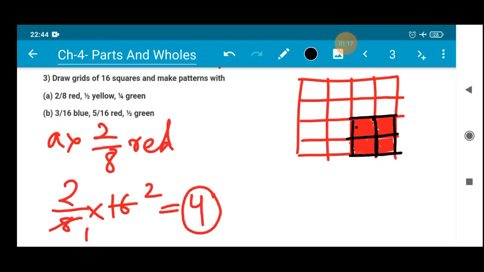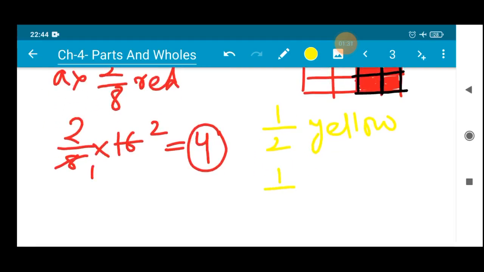Okay, so out of this part, 4 boxes are red in color. Now next, they have asked us to color the 1 by 2 part yellow. So what is 1 by 2 of yellow? 1 by 2 of yellow is 1 by 2 into 16. 2 ones are 2, 2 8s are 16. That means 8 boxes will be yellow in color.